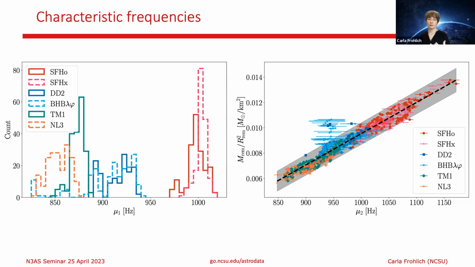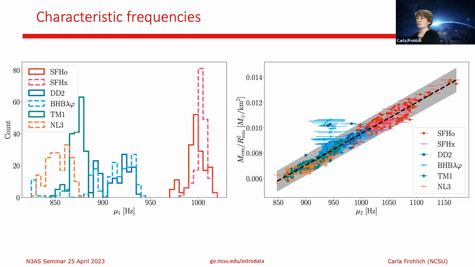On the right, I'm showing you the late time characteristic frequency mu2 against m over r squared for the protoneutron star, or the remnant. And as you can see, almost all of our simulations lie on a very nice tight band, and the colors that indicate the equation of state, all the simulations per equation of state, are roughly in the same part of this diagram.